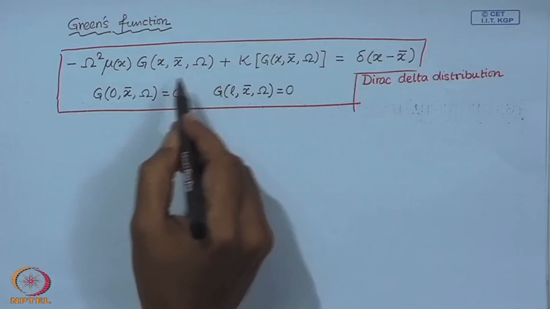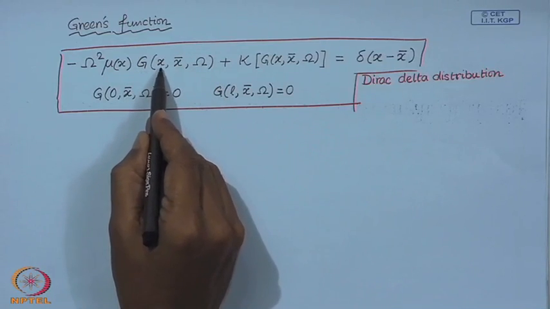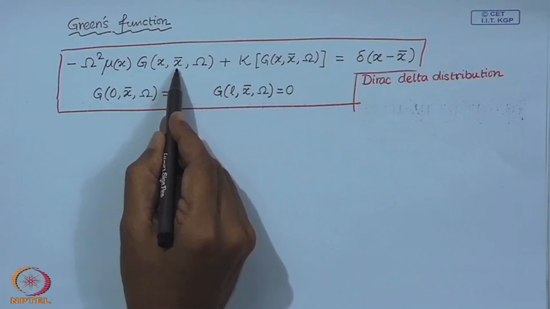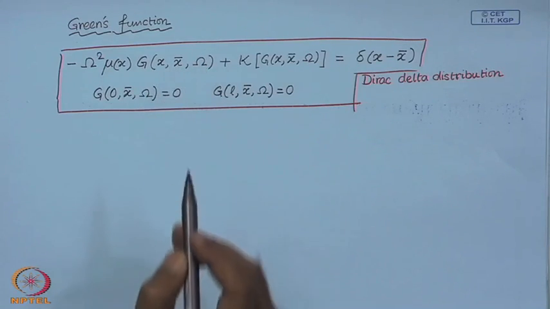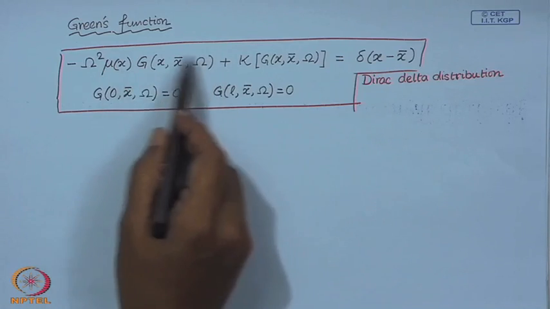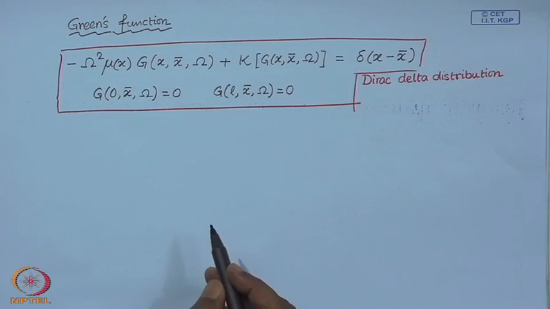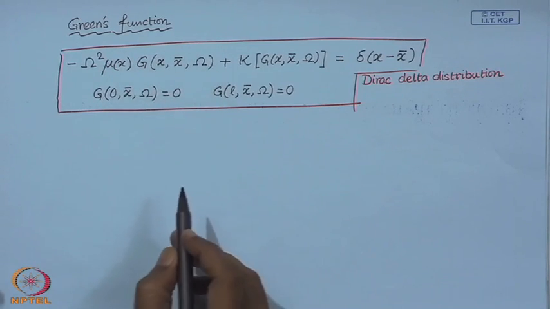So, the solution of that system is the Green's function. Therefore, the Green's function is the amplitude at x because of a harmonic forcing of frequency capital omega applied at x bar. So, that is the significance of this Green's function.